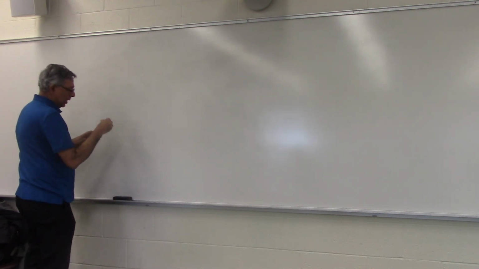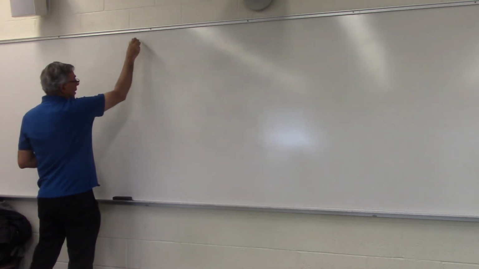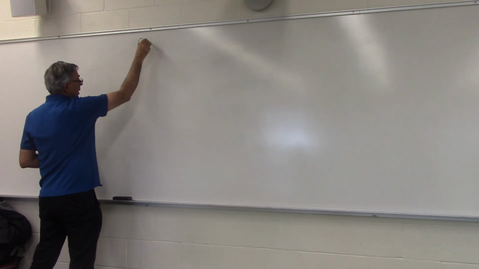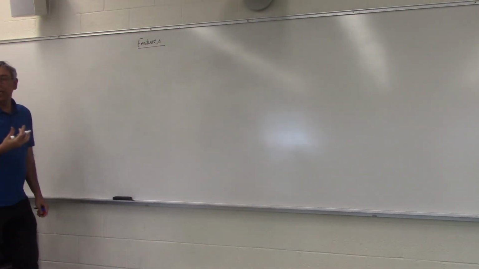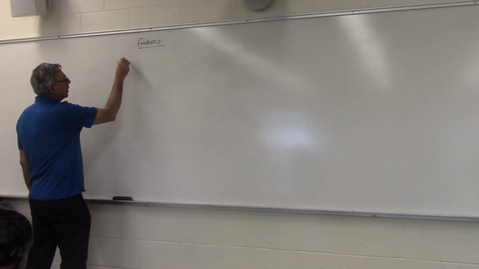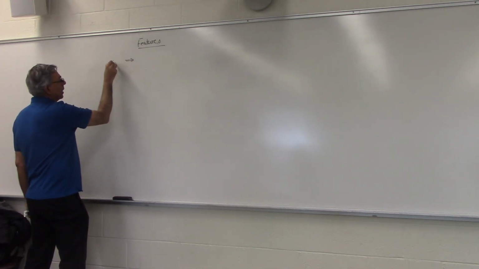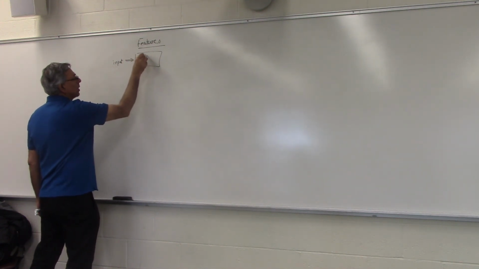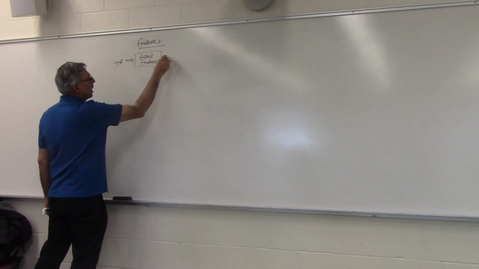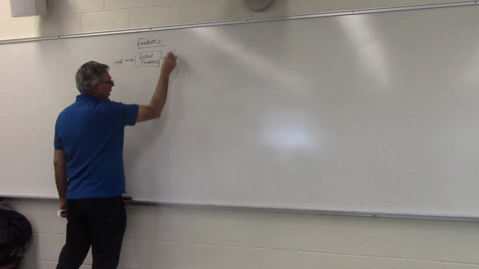Okay, so as far as features are concerned, once again, the general idea in recognition is that whatever input we give, we extract features, and then we feed them to a classifier.